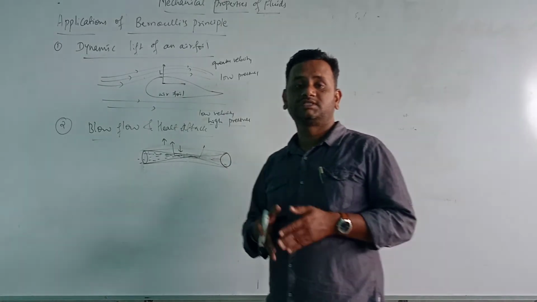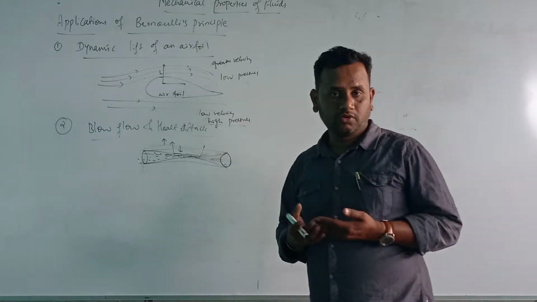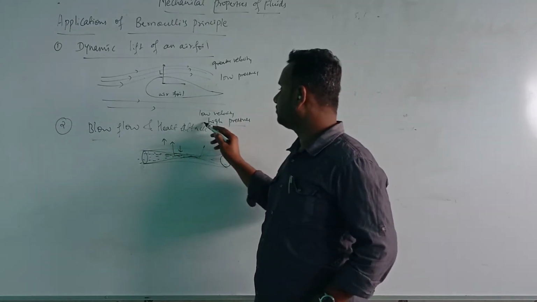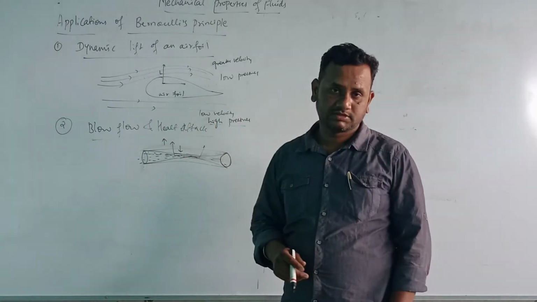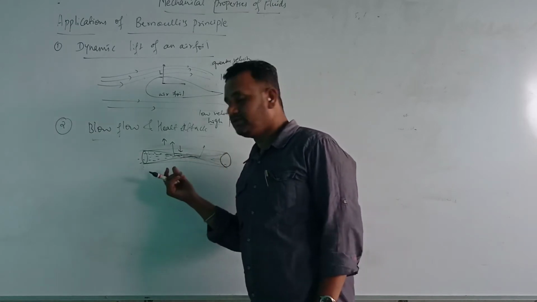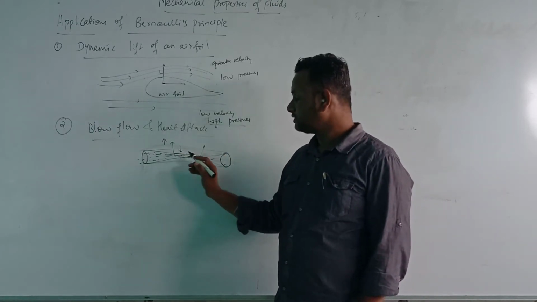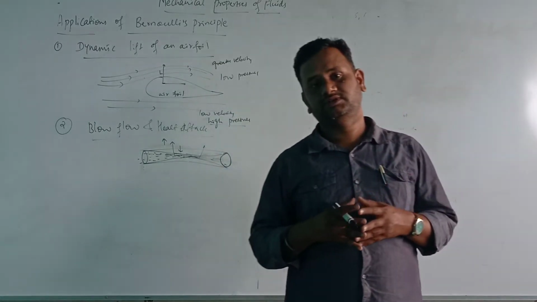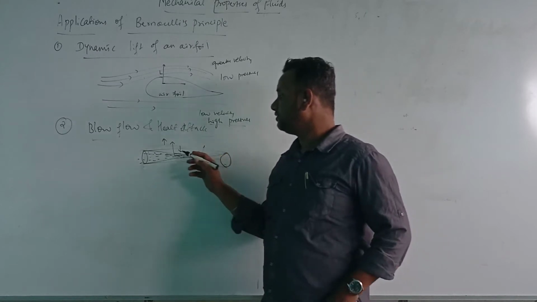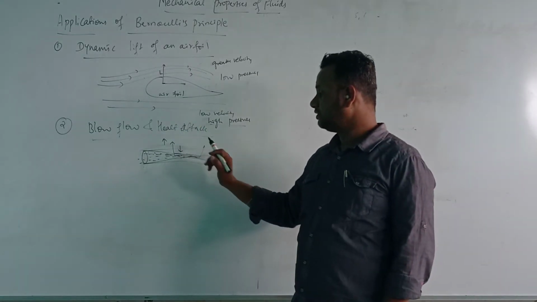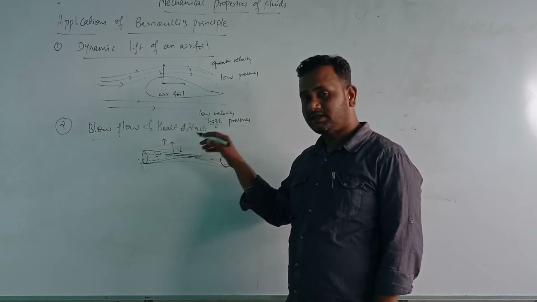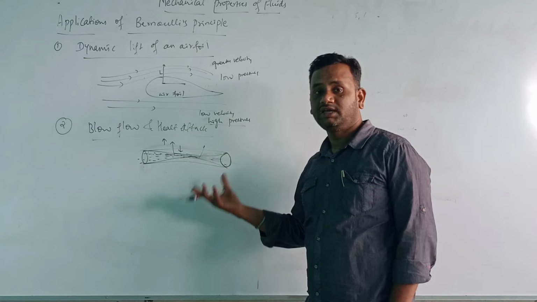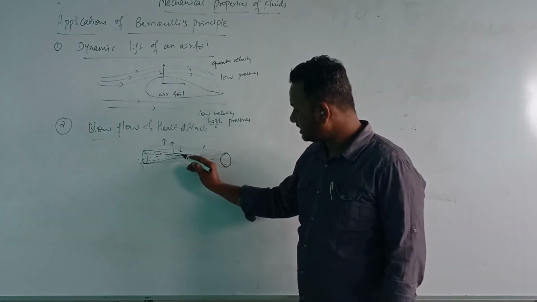Because of this decrease in the pressure of the blood, a heart attack happens. How does it happen? Because of the accumulation of plaque, meaning cholesterol or fat, in an artery, at the constricted area the speed of the blood flow increases, because the area is decreasing here.